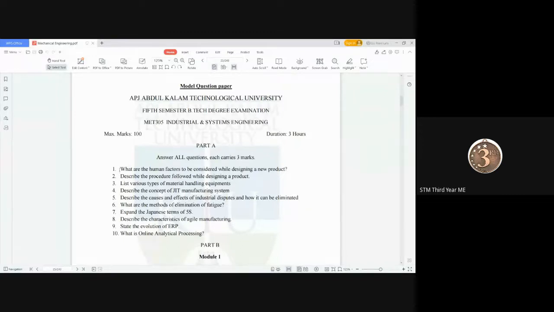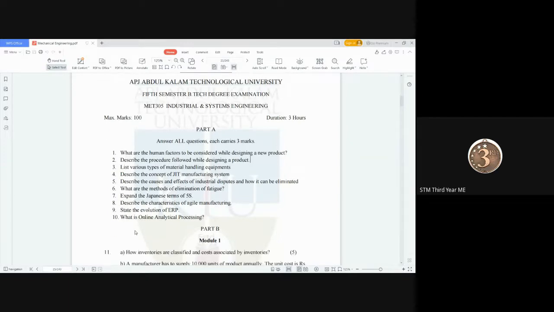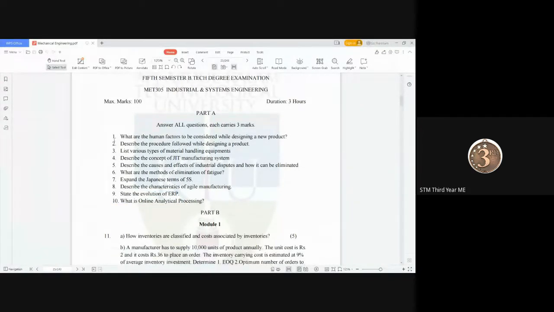The first and second are based on the first module, third and fourth on the second module, then 5 and 6 on the third module, 7 and 8 on the fourth module, and the last two on the last module. For example, state the evolution of ERP and what is online analytical processing. So 2 questions based on each module come from part A.